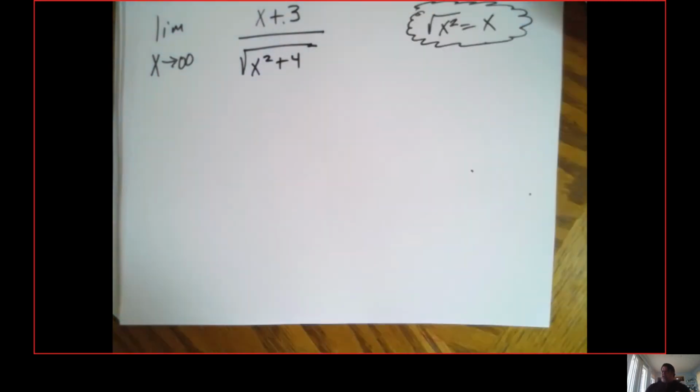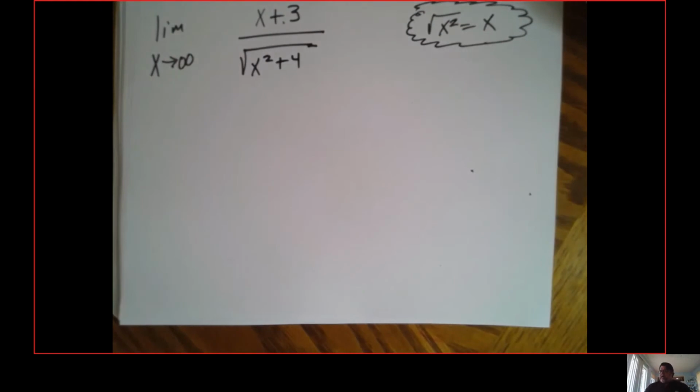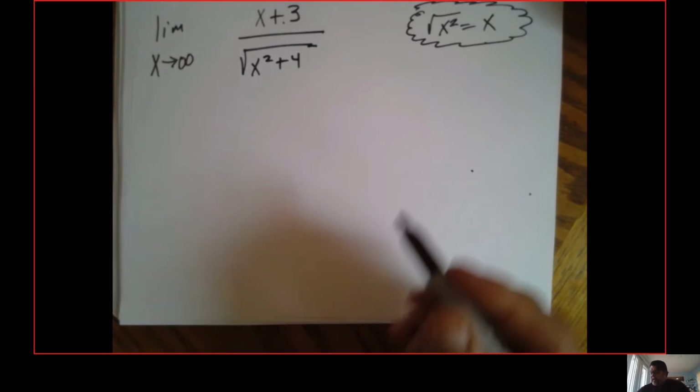I know that. So if I was to square the square root of x squared, I would get x squared. I'm just thinking along those lines. We know that x squared is the highest degree.